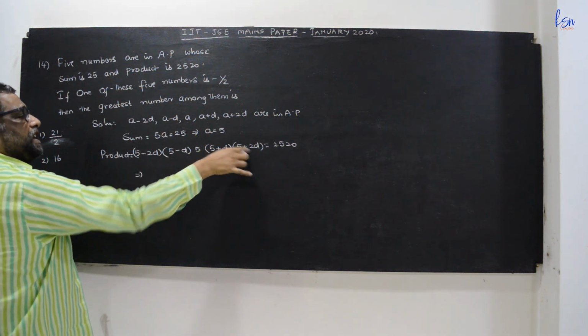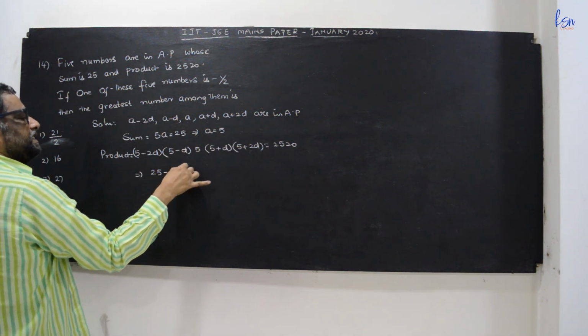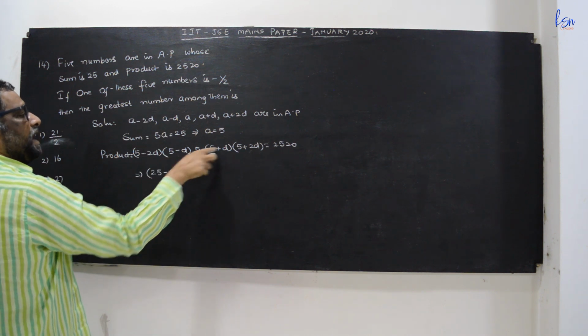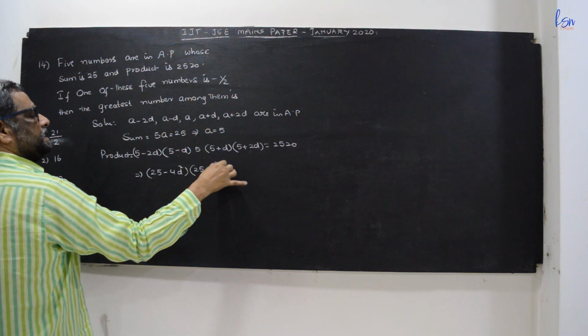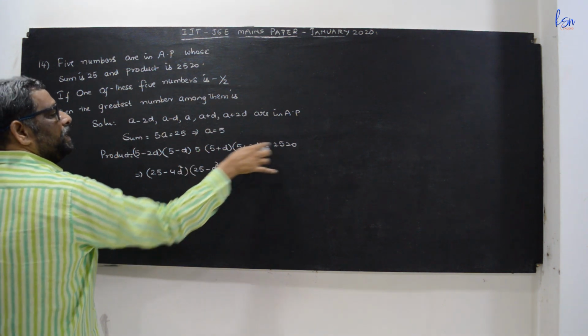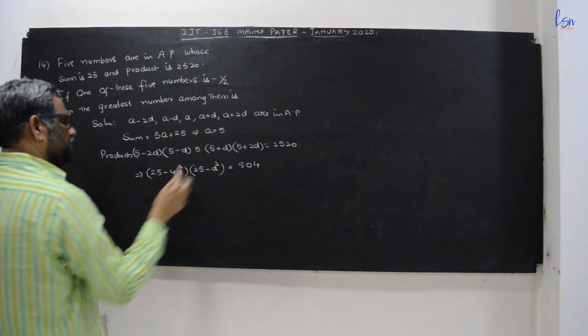5 minus 2d into 5 plus 2d, 25 minus 4d square, 5 minus d into 5 plus d, 25 minus d square, is equal to 5 fives, 25, 5 not 4.